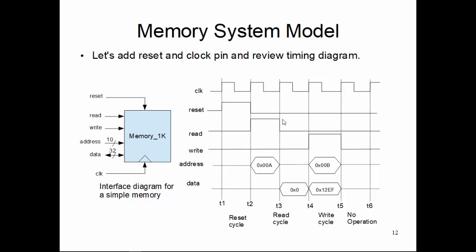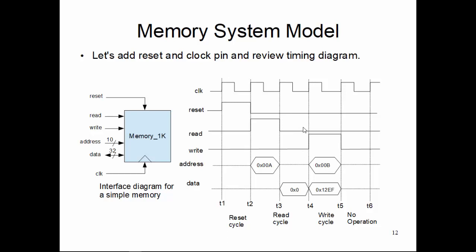Why? Because if there is a request between T3 and T4, making the read signal high, keeping the write signal low, presenting an address here, that corresponding read information will come out between T4 and T5.